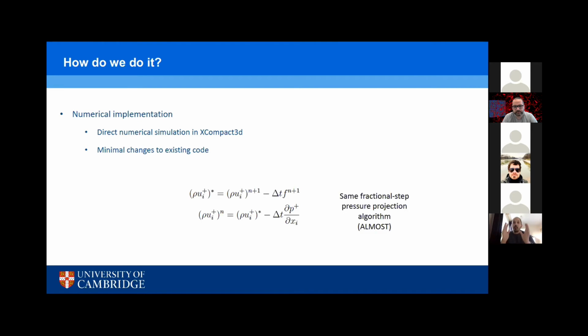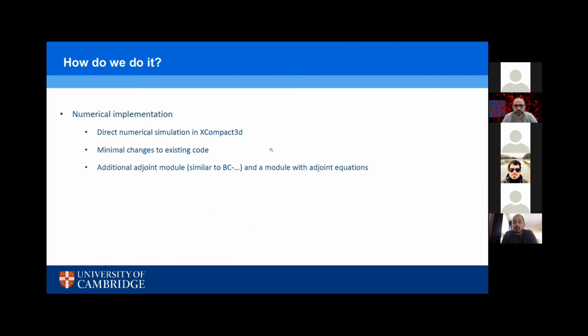Okay, so much of the architecture is exactly the same as it is for XCompact3d, the Low-Mach number solver. And the only additional thing that I've added is an additional module, similar to the boundary condition module that already exists, but we now call this the adjoint module, where you can specify what cost function you want to optimize for and manually enter the derivatives and forcing terms.